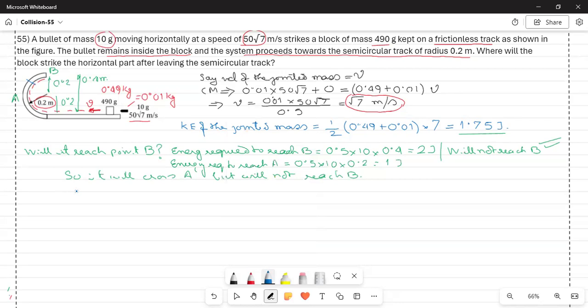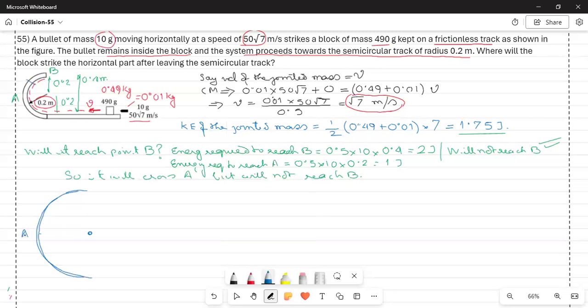Now let us draw this semicircle once again, a little bit bigger diagram for easy and clear understanding. This is the center point.